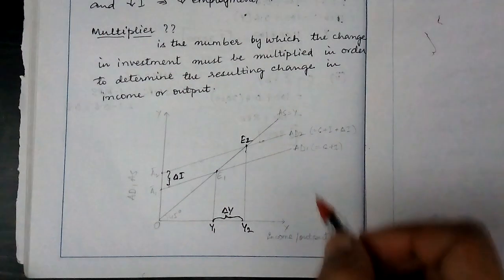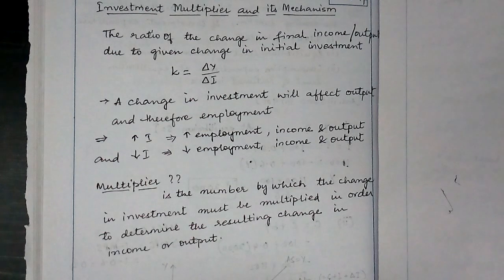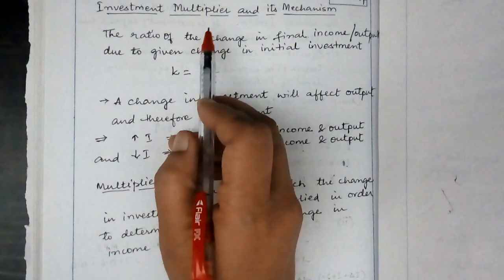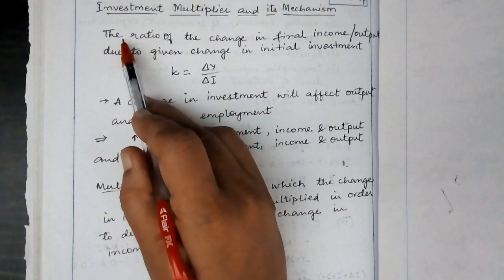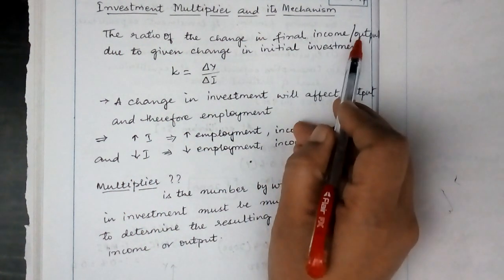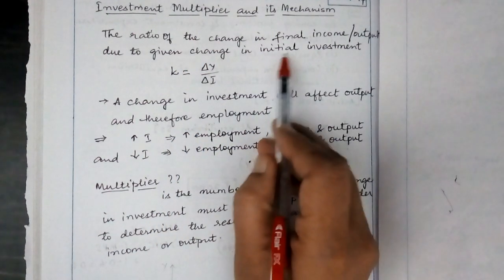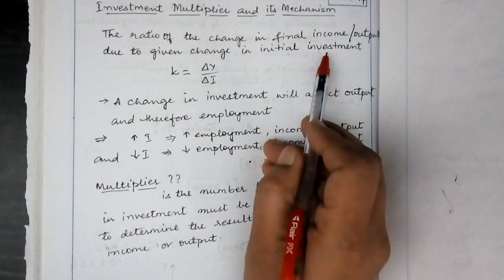Let us now look into the theoretical part of it. The investment multiplier is the ratio of change in final income or output due to a given change in initial investment.